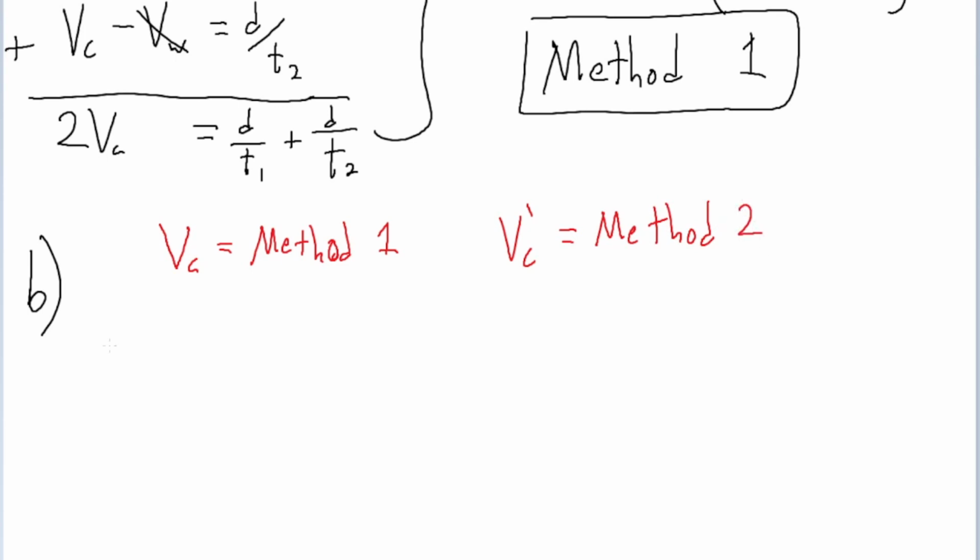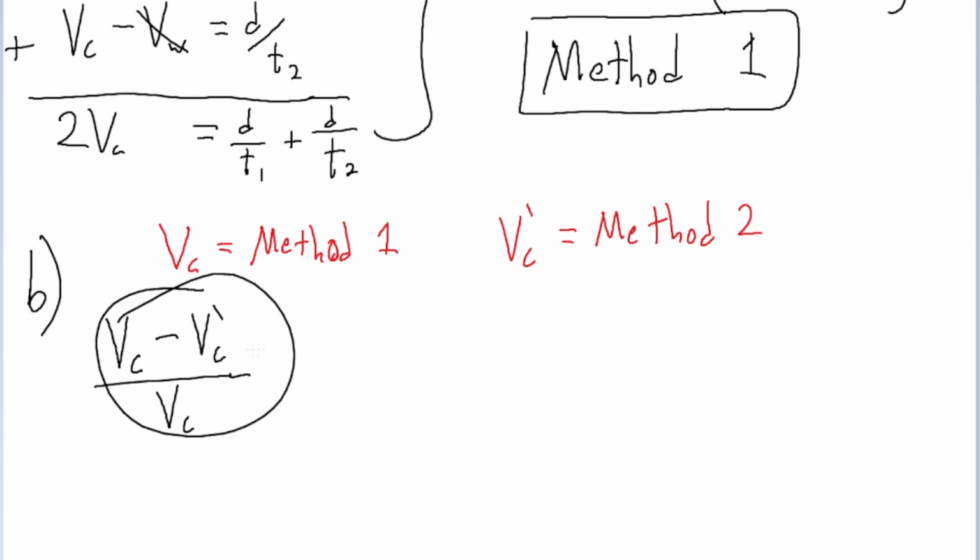The problem is asking us to find a fractional difference between the two methods. So that means the difference between the two methods, v sub c minus v sub c prime, divided by the one we know actually works, v sub c. This fraction is what we want to find, but in order to find it, we need an expression for v sub c prime.